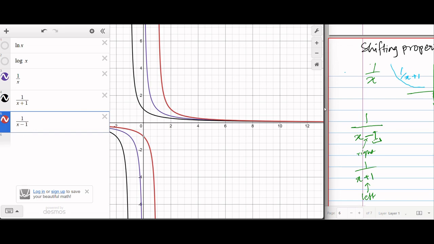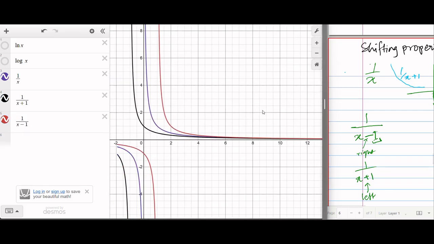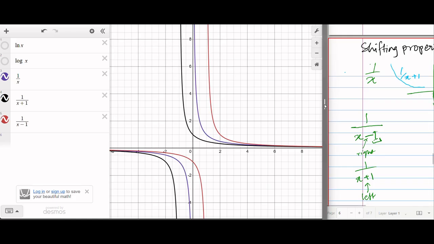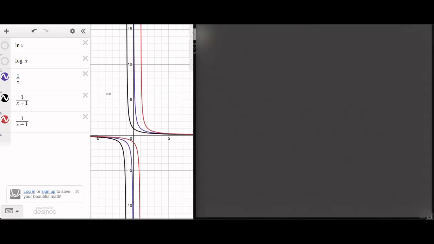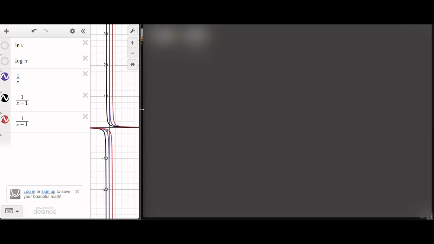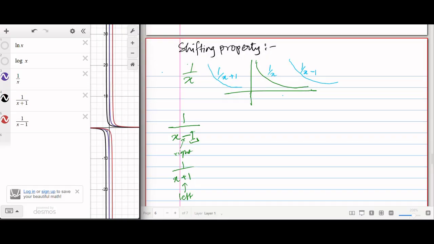I hope you realize that I made some mistakes, but we'll correct them when we do the plotting of the functions in detail. Just for the sake of convenience, x plus 1 kind of looks like this because it did not shift much, and x minus 1 like this. Similar thing, we'll do that in detail later.